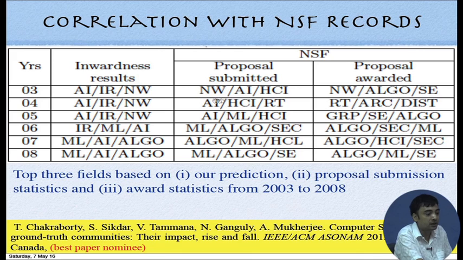So the proposal submission data is very much similar to the data that is ranked by the authority score, and that is true for all the years. The proposal submitted is very much correlated, whereas the proposal awarded, which means where money flows in, depends on many other factors. So there you mostly see that there is only one overlap.